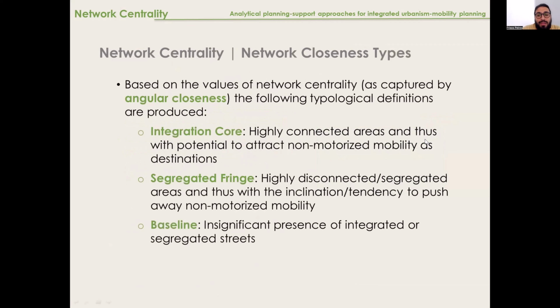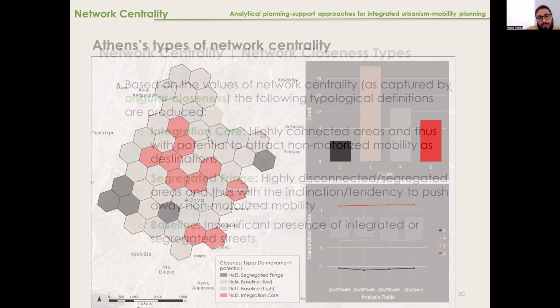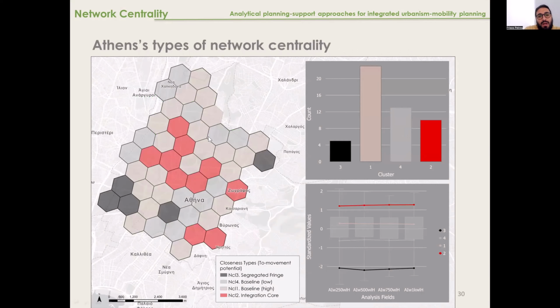So this aspect of the network can provide morphological characterization, as seen before, as integration core, segregated fringe, and baseline. And this, as seen before, can also be mapped for Athens, or for any city. Actually, this is the example of Athens.